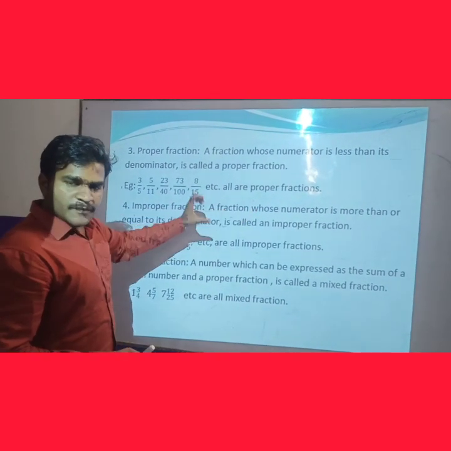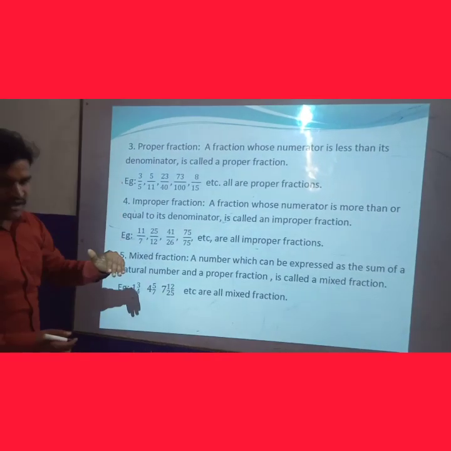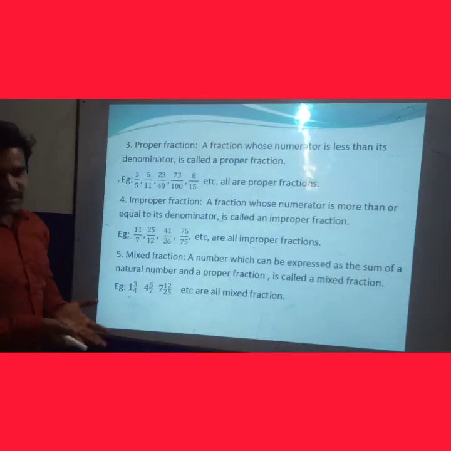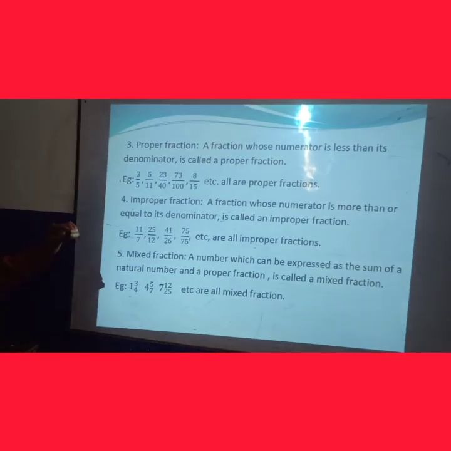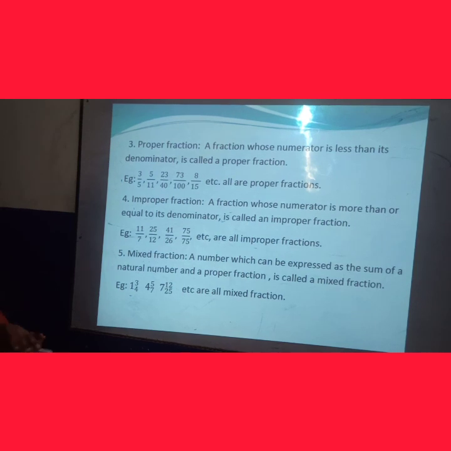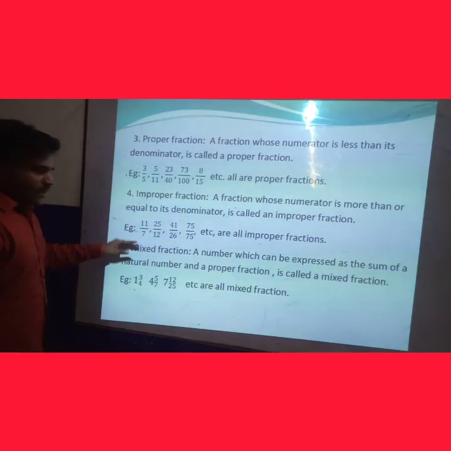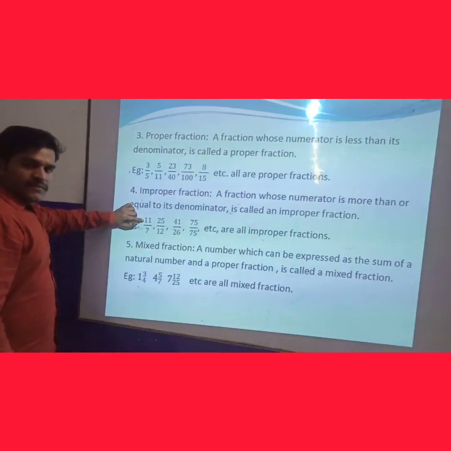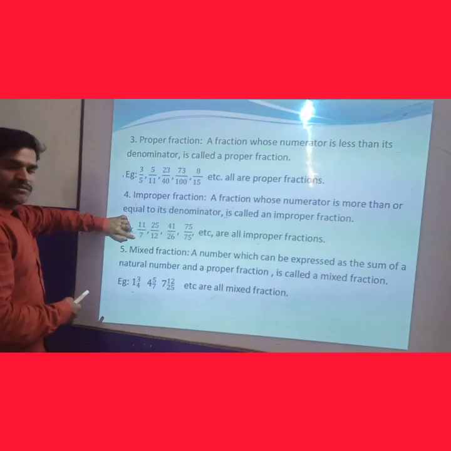In a proper fraction, the numerator is less than the denominator, and in an improper fraction, the numerator is greater than the denominator. A fraction whose numerator is more than or equal to its denominator is called an improper fraction. For example, 11/7. Here 11 is the numerator and 7 is the denominator. 11 is greater than 7.